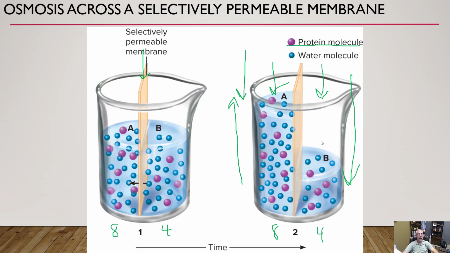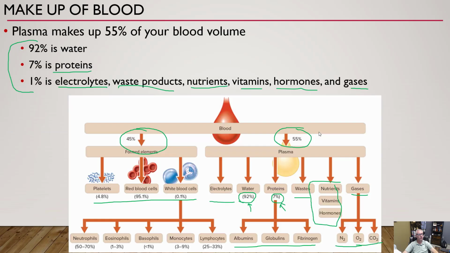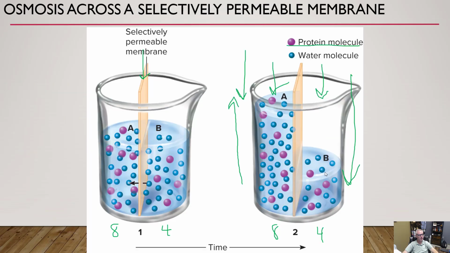So go back to the definition. That first definition is movement of water from a region of higher water concentration to a region of lower water concentration. Yes, we did that.